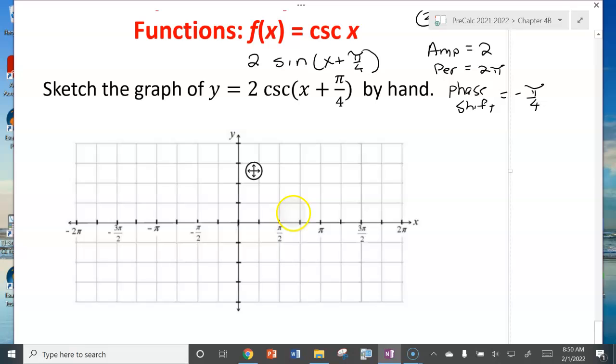So my critical points are going to be here. I'm going to start at negative pi over 4. I'm going to go up to 2. I'm going to go down to the axis, down to negative 2. Oops, it's 2 pi. Sorry.